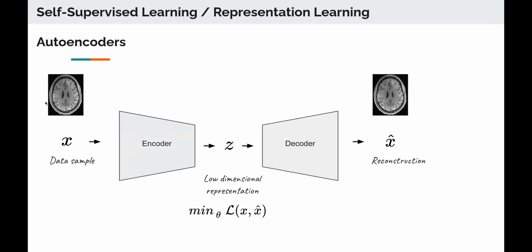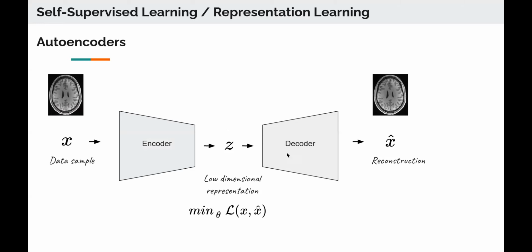Okay. So for example, if this is 100 by 100, and we make Z to be 10 by 10, then all the information about these 10,000 dimensions in the input has to be squeezed into the 100 dimensions in the latent space. And then the decoder, based solely on the information in these 100 dimensions, has to reconstruct the 10,000 dimensional information.